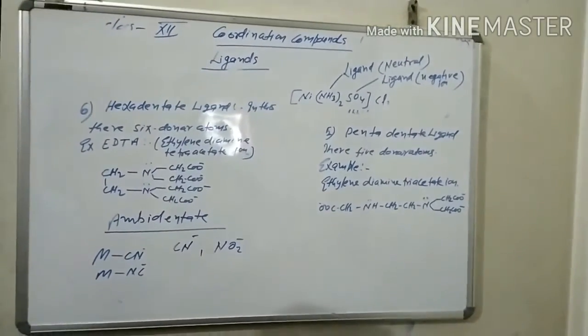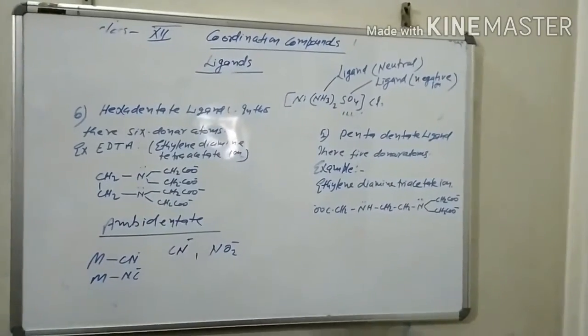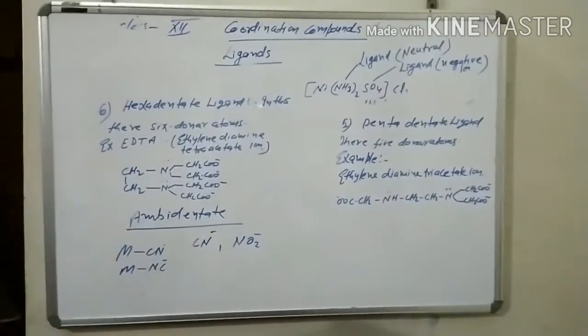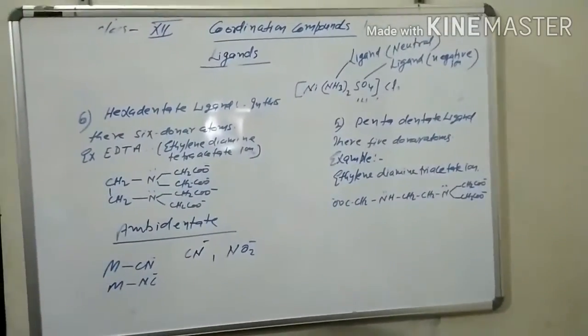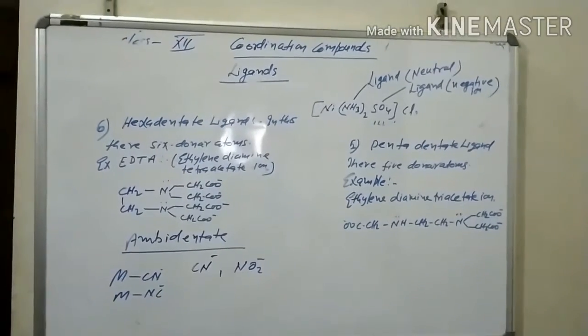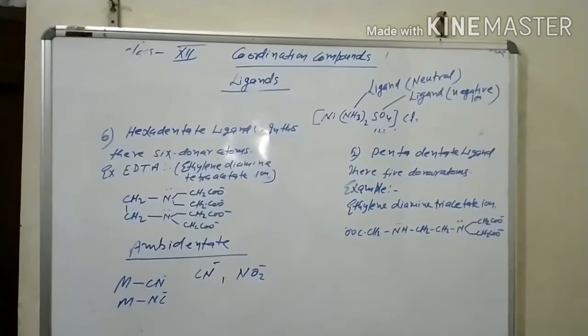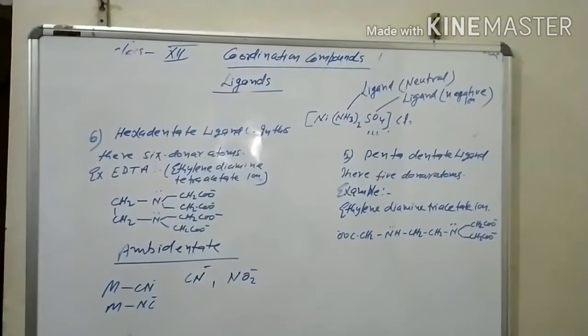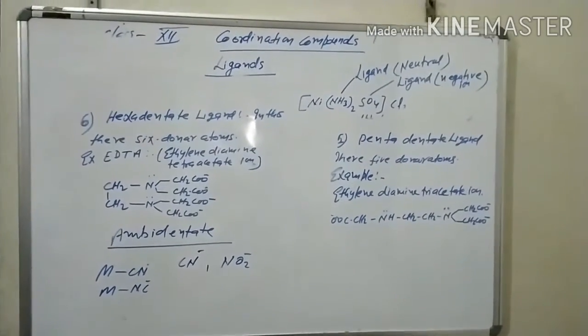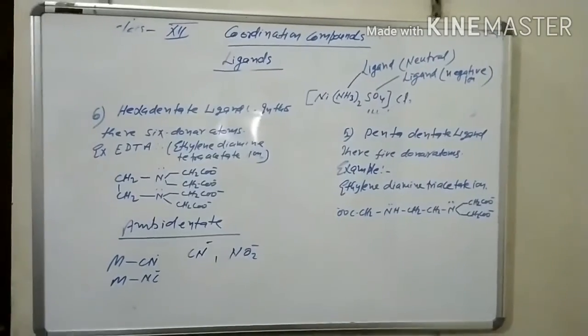So such ligands in which only one donor atom is attached to the central metal atom or ion, although they have more than one donor atom, are known as ambidentate ligands.